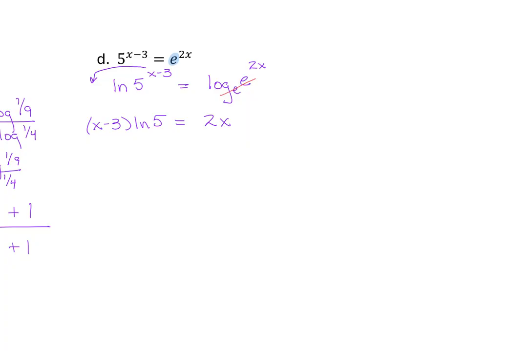For this one, we have to combine the x's. We need to get our x's together. This one we do have to distribute because we have x's on both sides. So we're going to go ahead and distribute the natural log of 5. So we get x natural log of 5 minus 3 natural log of 5 equals 2x.